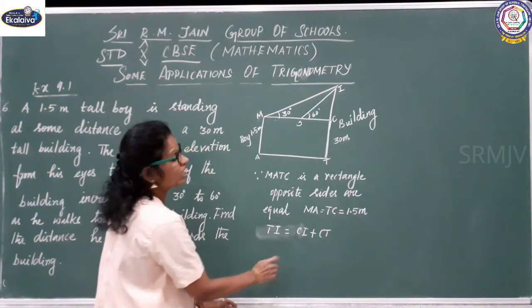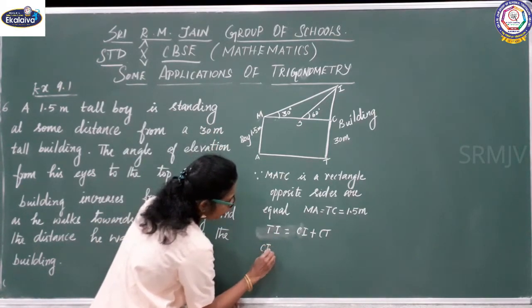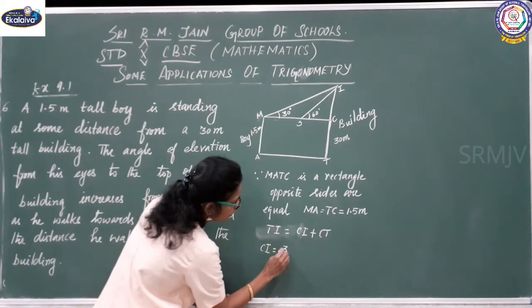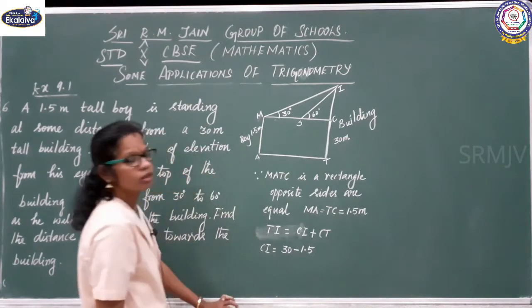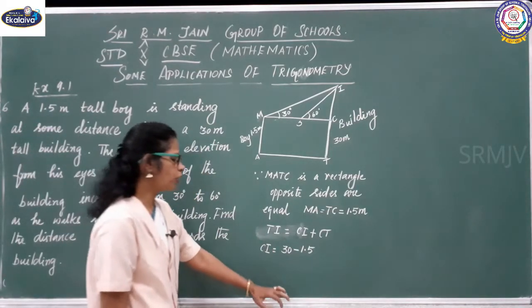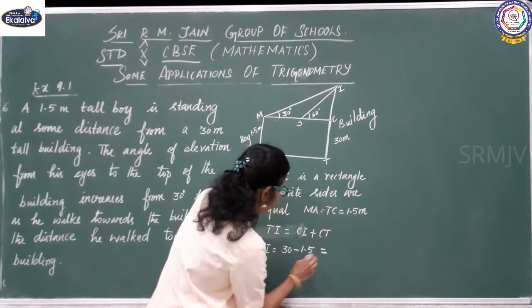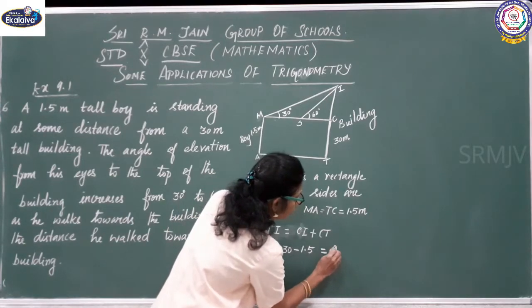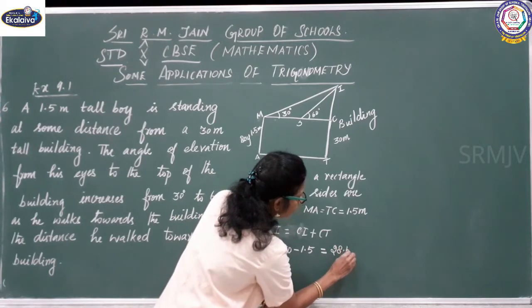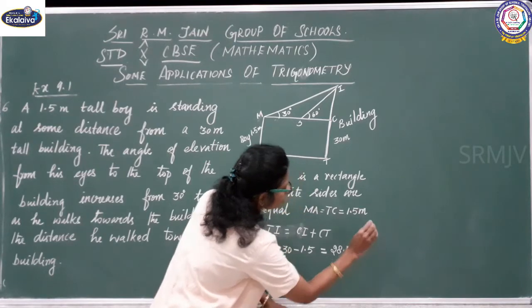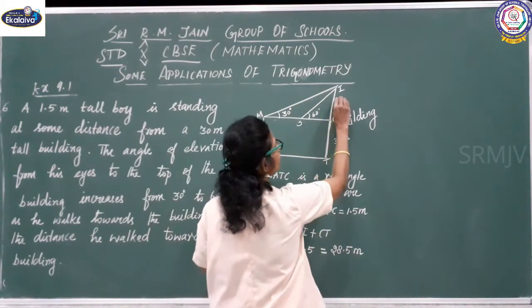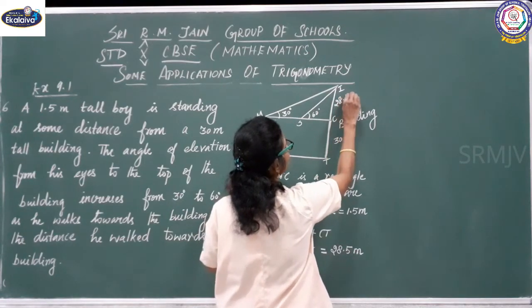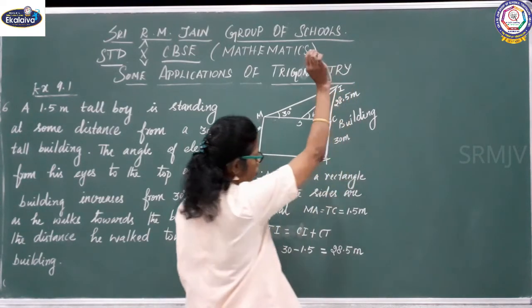Now what is CI? CI equal to 30 minus 1.5. Then what is it? 28.5 meter. Now what is the value of CI? 28.5 meter. Got it, children?